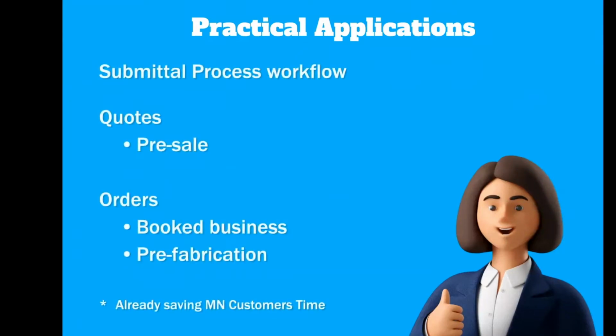This is available in two different areas. Now, it is available in all Mothernode subscriptions, but only enterprise subscriptions have the orders. So if you don't have the enterprise edition, you still have this available in quotes. Where you want to use it is entirely up to you, and you may find yourself using it in two different areas. So in the quotes, it can be part of your sales process where you're giving information to a customer to approve.